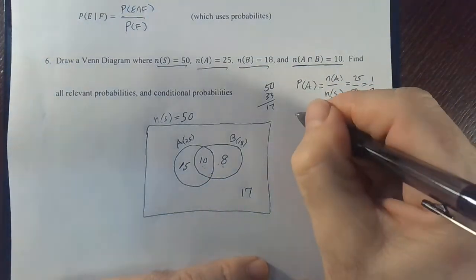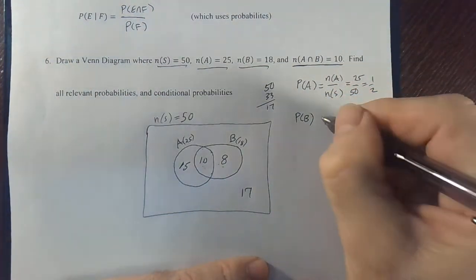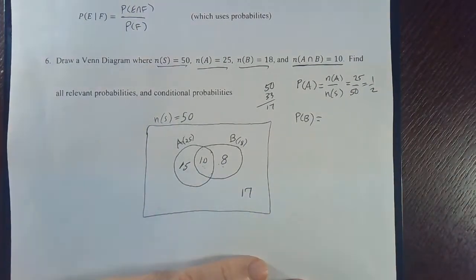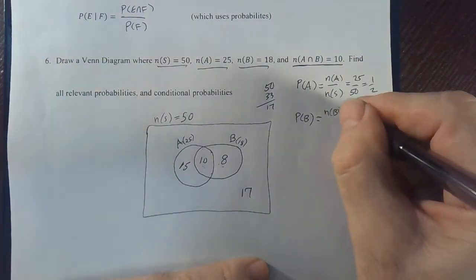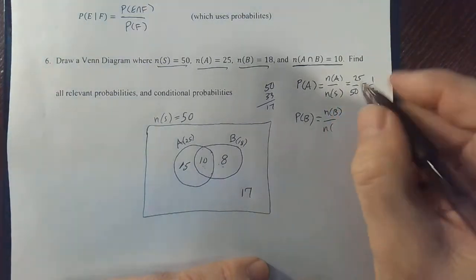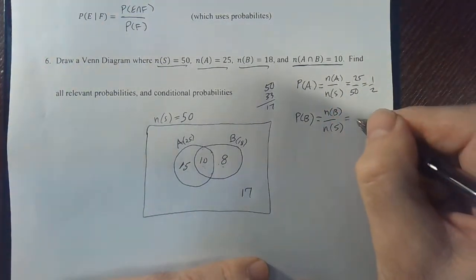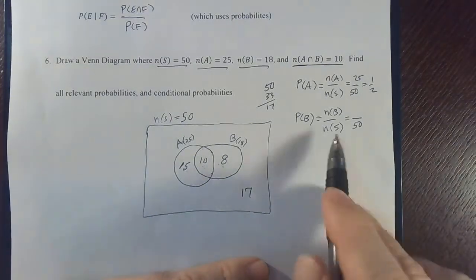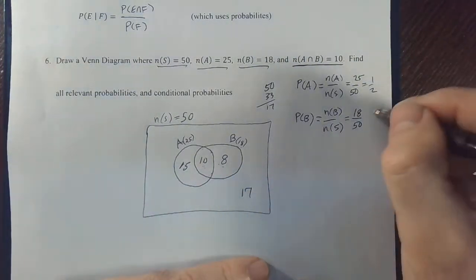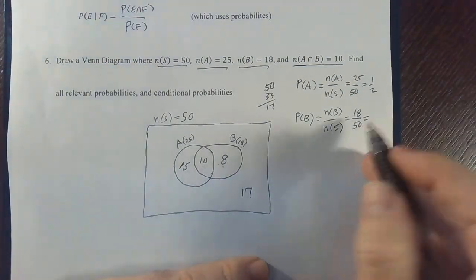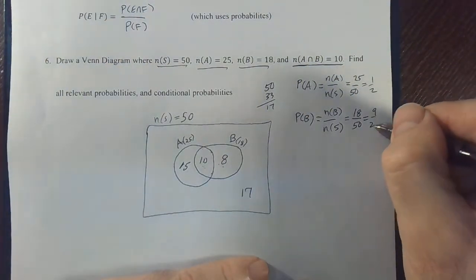All right, probability of B. The probability of B is the number of elements in B over the number of elements in S. So the denominator is 50 again. Number of elements in B was 18. And that can be reduced. Since I reduced the other one, I'll go ahead and reduce this to 9 over 25.